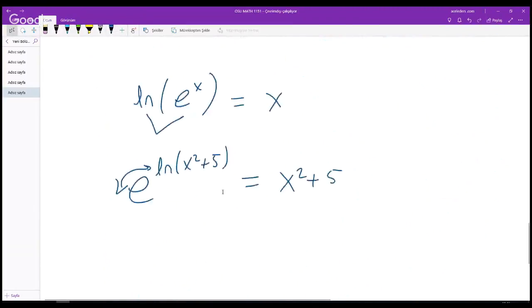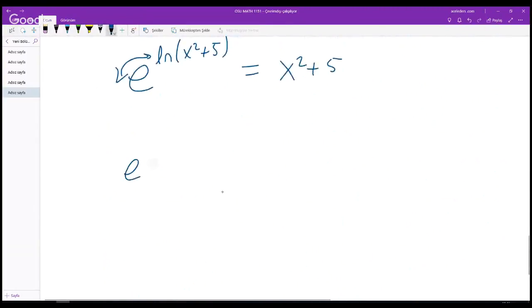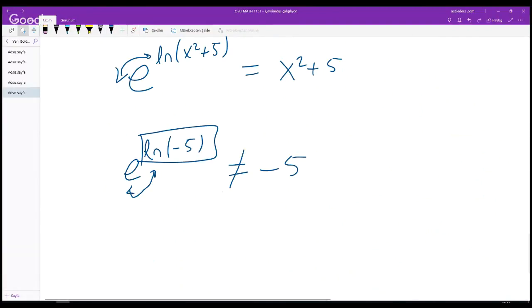It is like saying e to the power ln minus 1. The exponential function and logarithmic function cancel each other. That's fine. But the logarithmic function is not defined for negative values. So therefore, we don't say minus 1 as an answer to this question. We say does not exist.